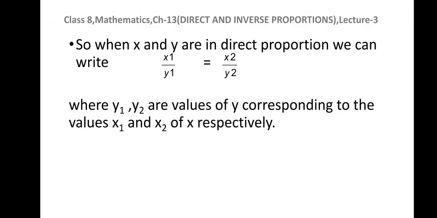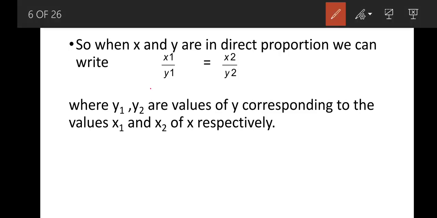So, when x and y are in direct proportion, we can write x1 over y1 is equal to x2 over y2. This is what we are supposed to use while solving the questions, where y1, y2 are the values of y corresponding to the values x1 and x2 of x respectively. So, I hope direct proportion or direct variation is clear to you.